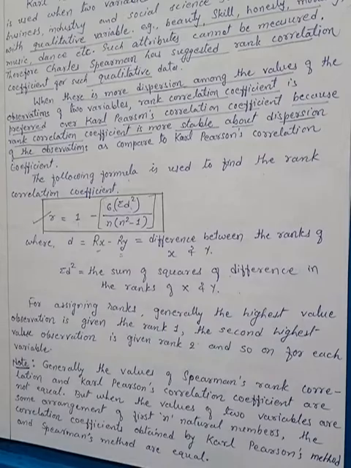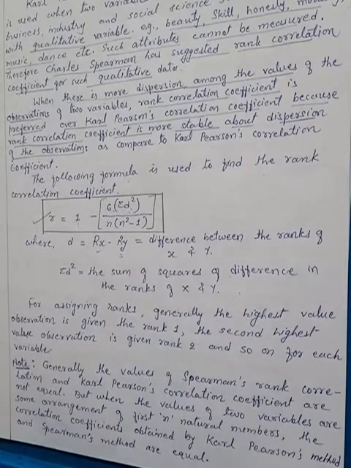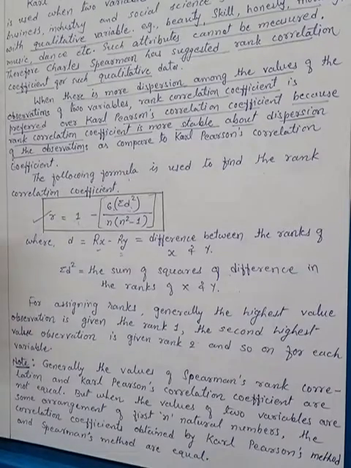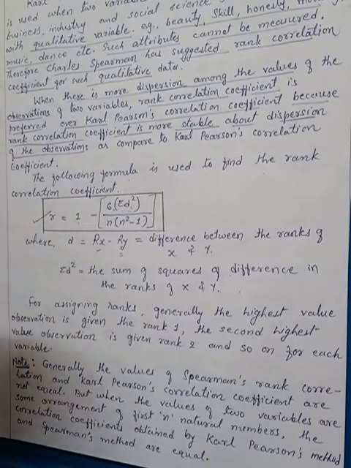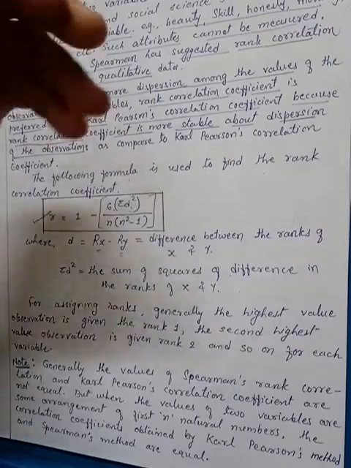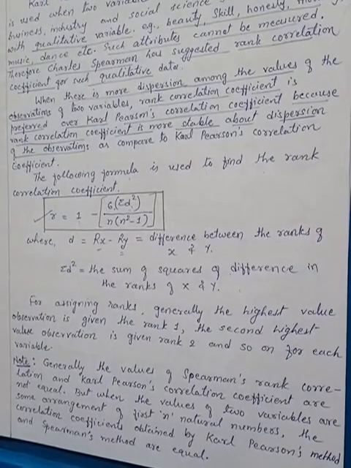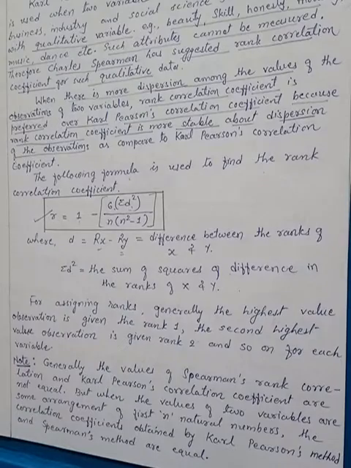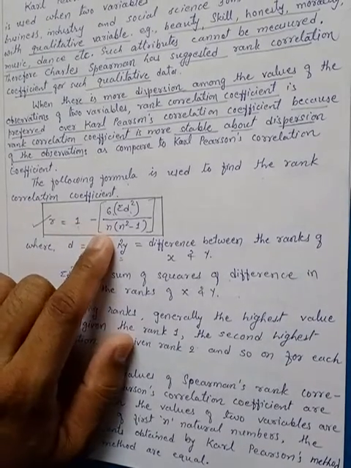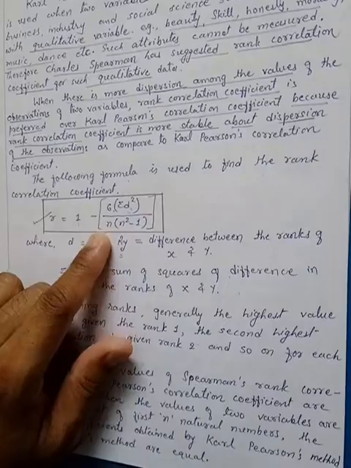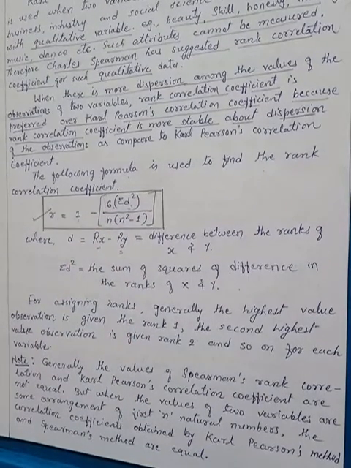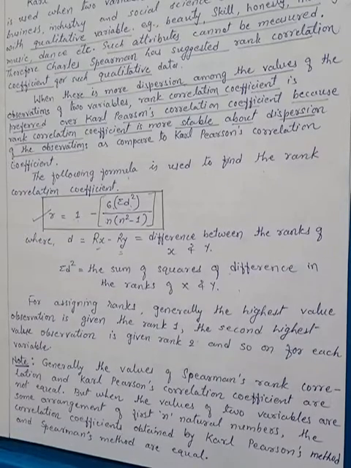That maximum value observation will be given first rank, and then the second highest value observation will be given second rank, and likewise in this order you go on providing ranks to the different observations. The lowest observation will get the last rank according to your number of pairs of observations. If you have 10 pairs of observations, then the lowest observation will get 10th rank. That is what you have to keep in mind.